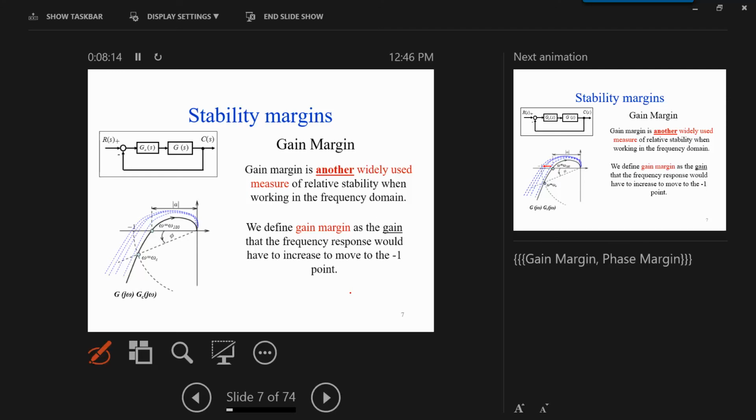The magnitude becomes the polar radius, and this is the phase angle. This gives you a nice understanding of the phase margin and the gain margin.